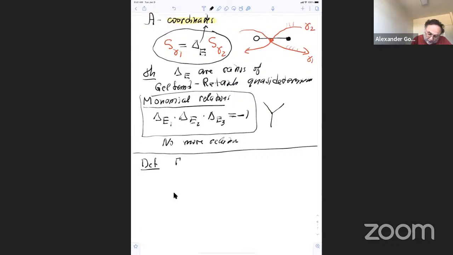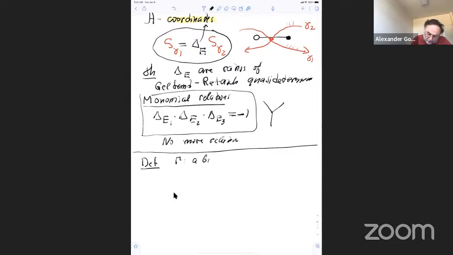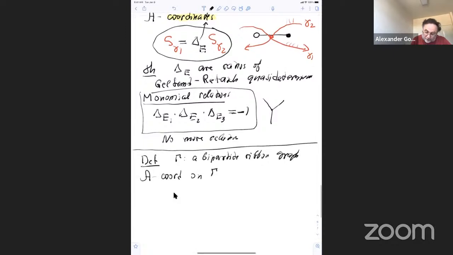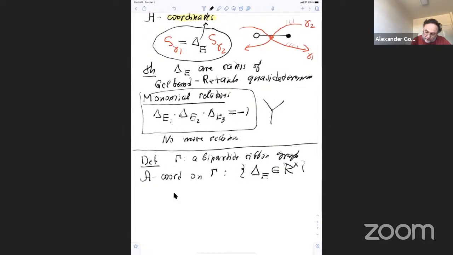So let's suppose that gamma is a bipartite ribbon graph, any graph like that. And then we define the notion of A coordinates on this gamma as the following quantities. For each oriented edge E, we have a non-zero non-commutative number, and then we have relations.